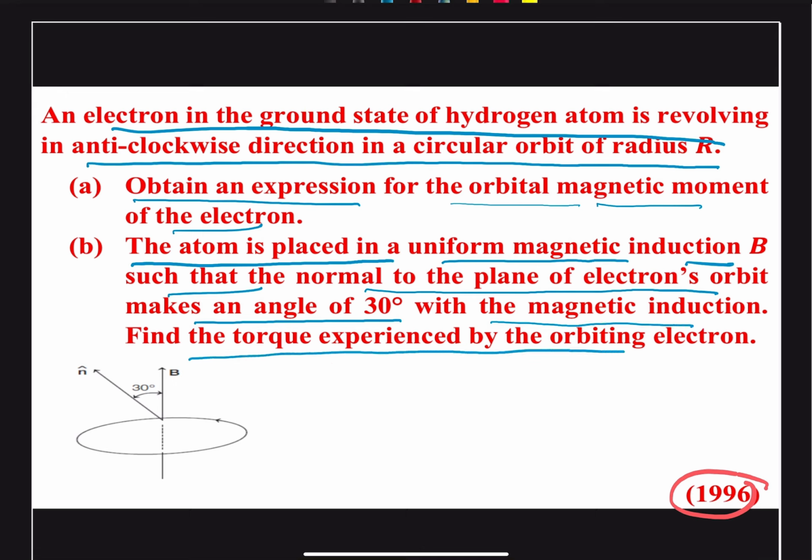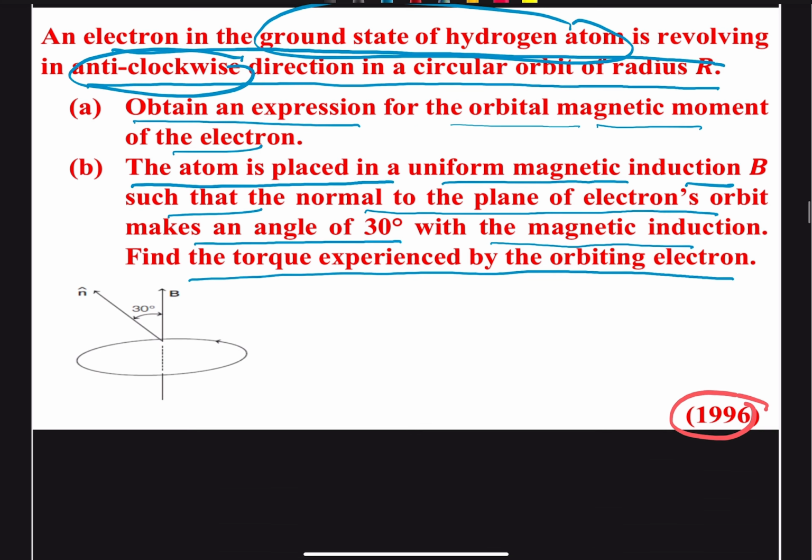In this case, we are given that we have an electron, and that electron is in the ground state of the hydrogen atom and revolving in anti-clockwise direction. So in the first case, we have to find out the expression for the orbital magnetic moment of the electron.